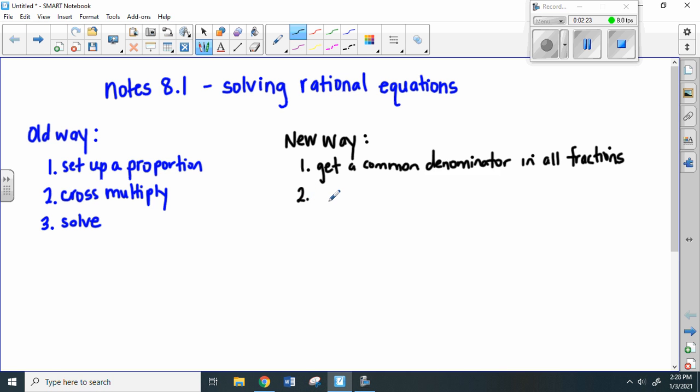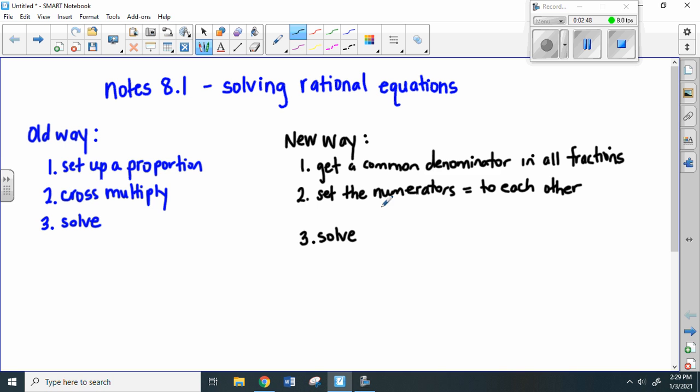And then once all the denominators are the same, all you have to do is set the numerators equal to each other. And then I'm going to leave a blank there, and then you would solve.